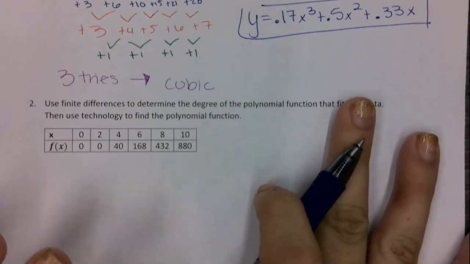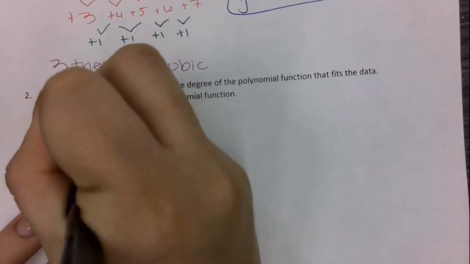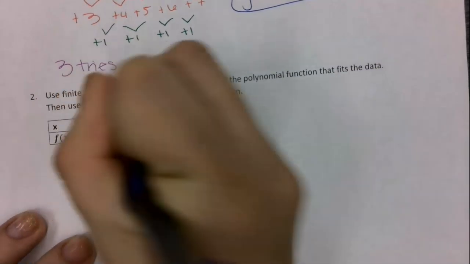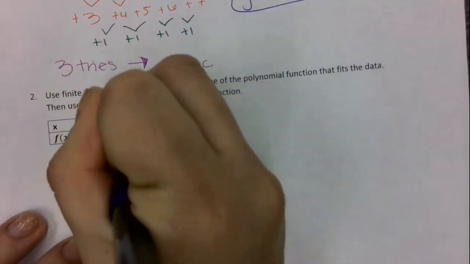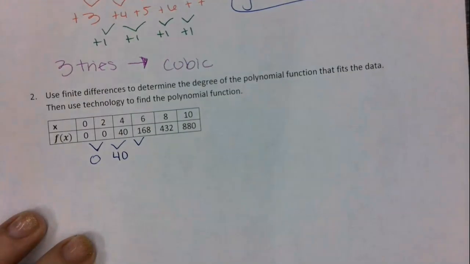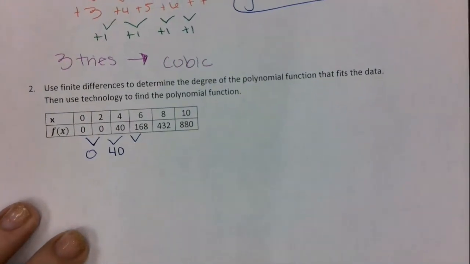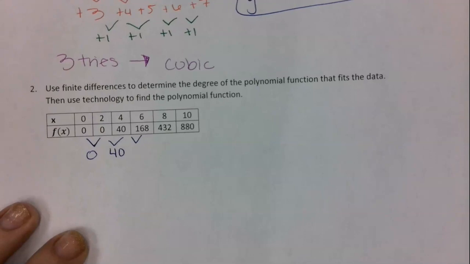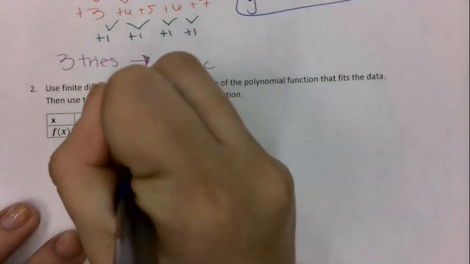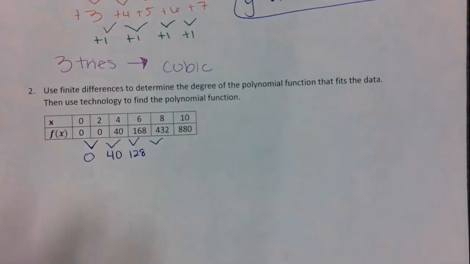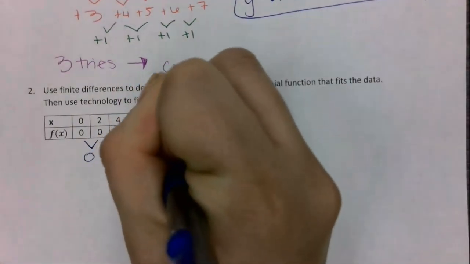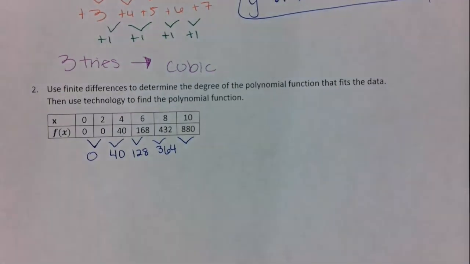Okay, so how do I go from 0 to 0? 0 to 40? 40 to 168? 128. 432 to 168? 364? 880 to 432? 260.